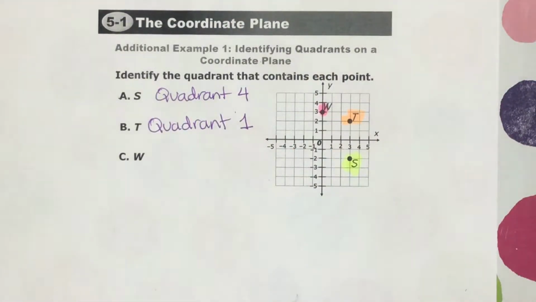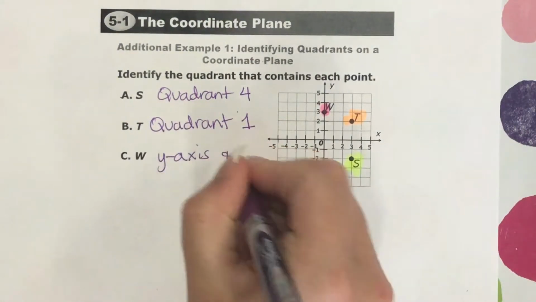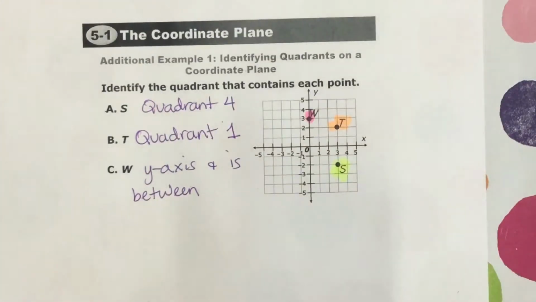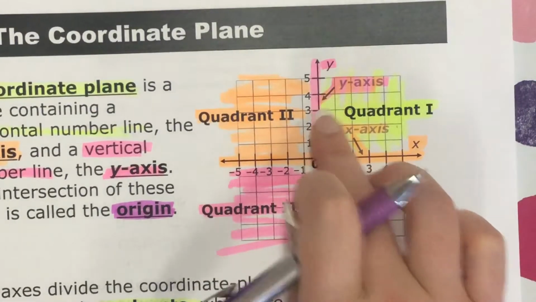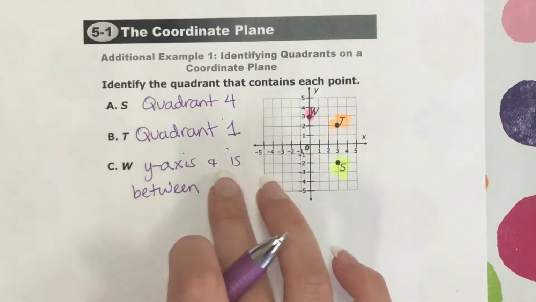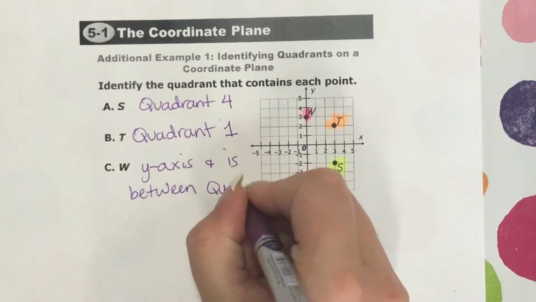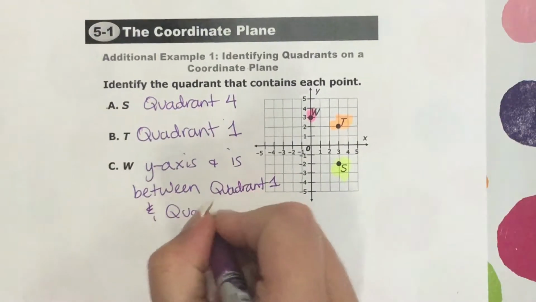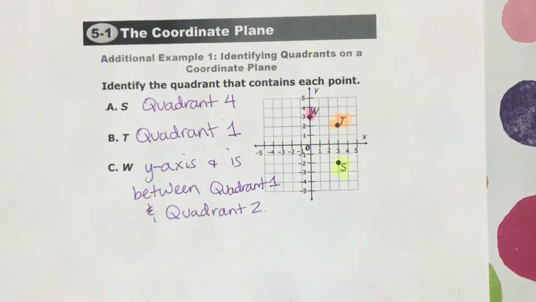So we're going to say that W is on the y-axis and is between quadrant 1 and quadrant 2. So there we go.